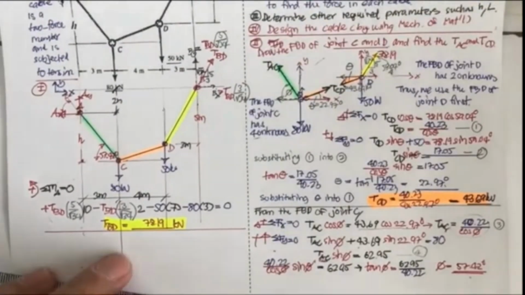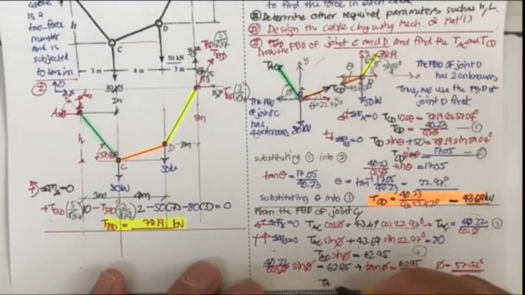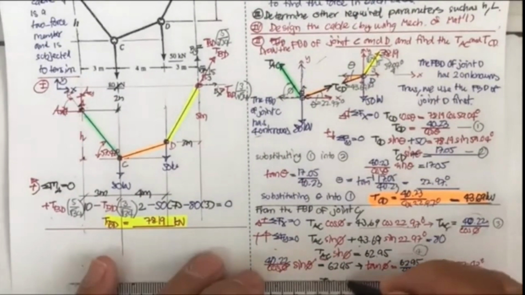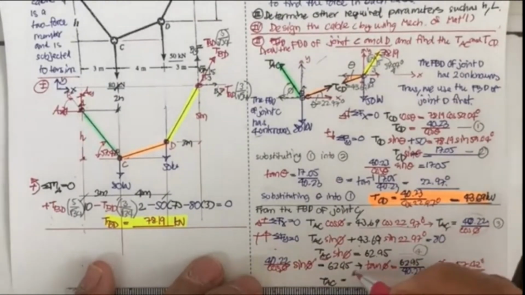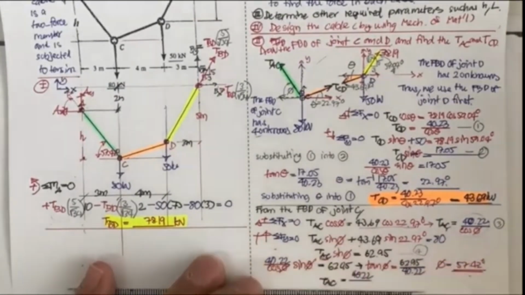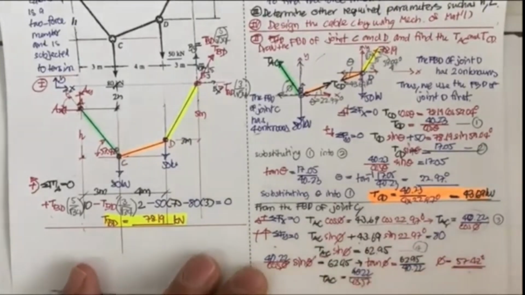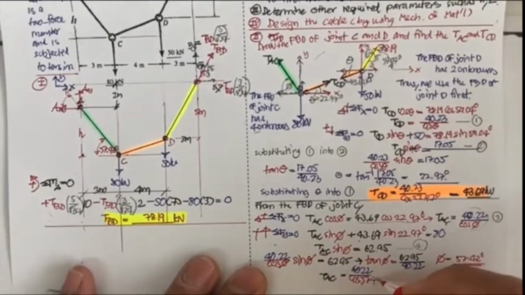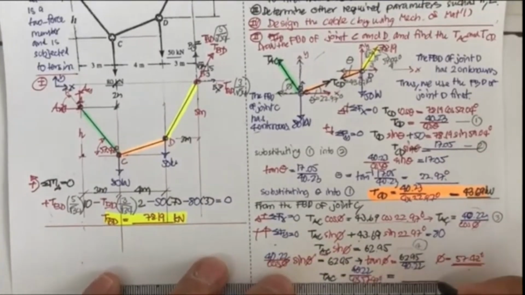And the last one, you just substitute this one back, and then you get T sub AC equal to 40.22 divided by cosine of 57.42 degrees. When you put this into the calculator, what do you get?